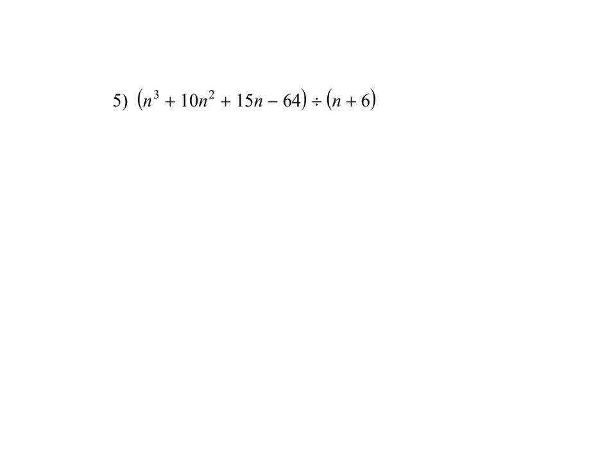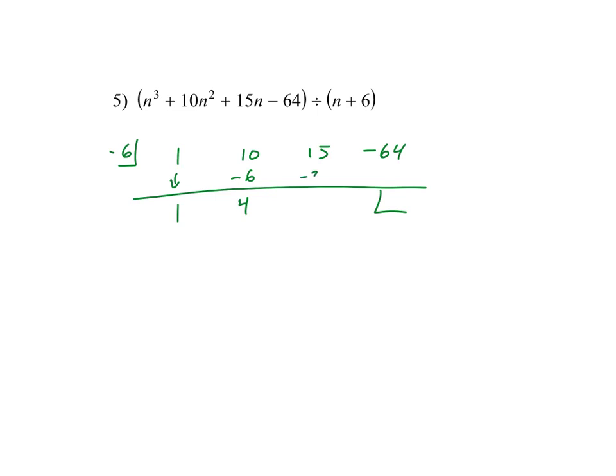And so negative 6, and I have 1, 10, 15, negative 64. So bring down the 1. 1 times negative 6 is negative 6. 10 plus negative 6 is 4. 4 times negative 6 is negative 24. 15 minus 24 is negative 9, and negative 6 times negative 9 is positive 54.